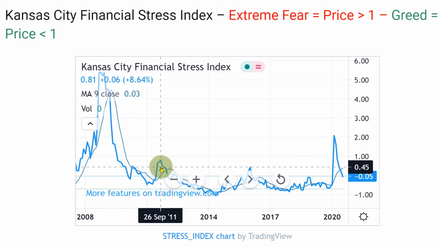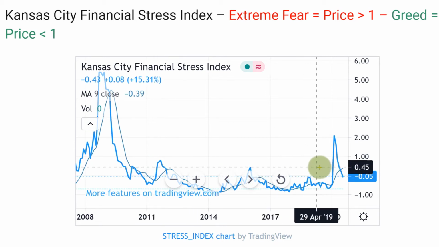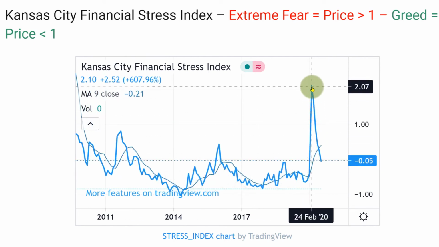We can see here there was some stress, but as you can see, it was still below 1. So we're still in greed mode. But here during the Corona crash here, you can see that the financial stress index had spiked to 2, which indicates extreme fear again. And this was indicated quite early on in February 20.